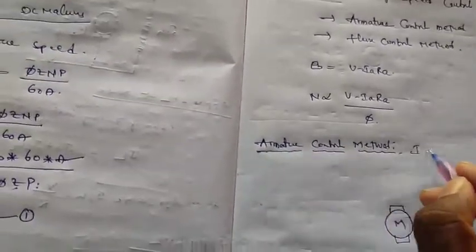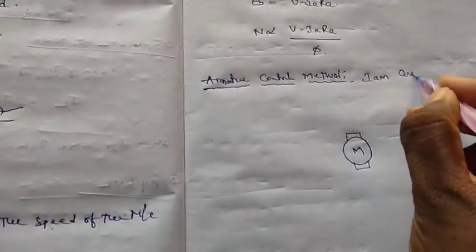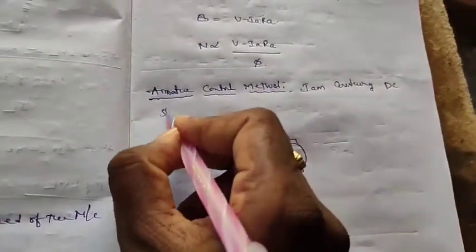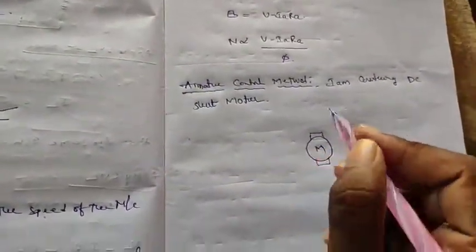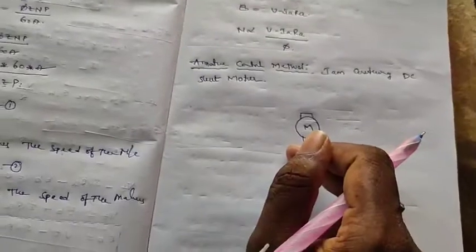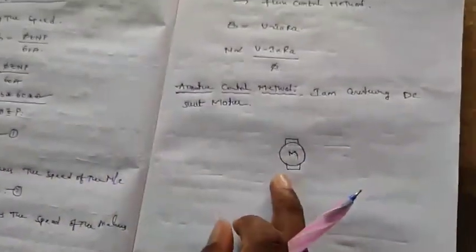I am considering a DC shunt motor. This is the armature of the machine.